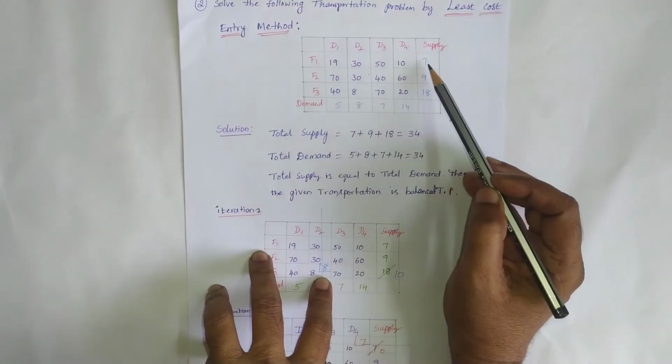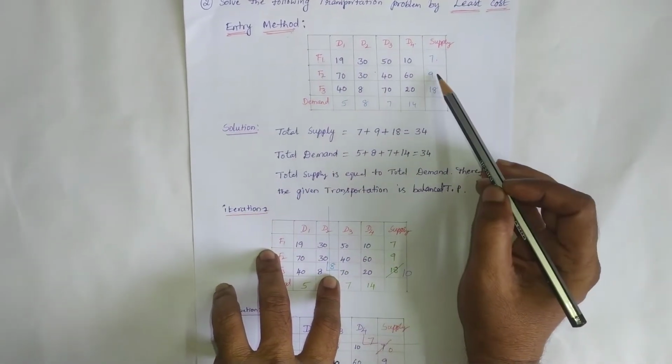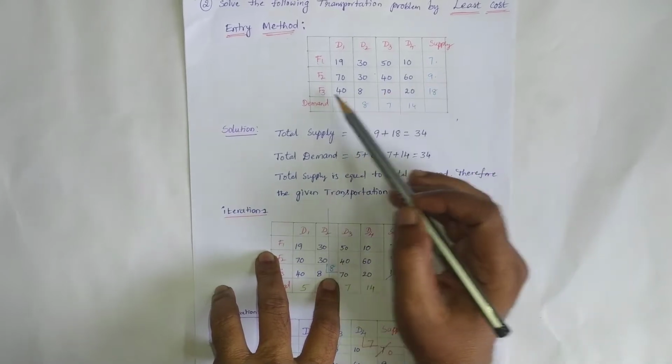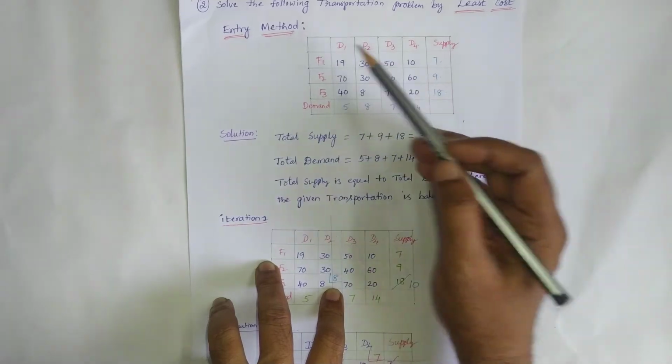F1 supplies 7 units, F2 supplies 9 units, F3 supplies 18 units.